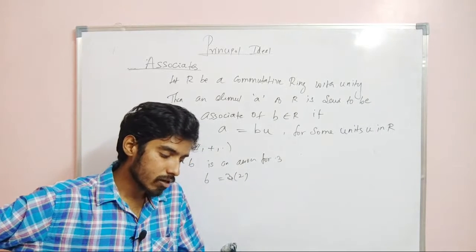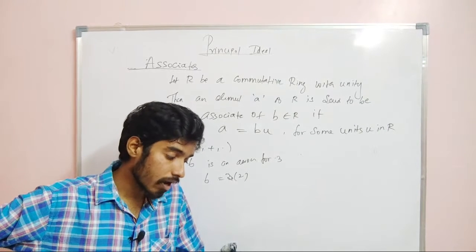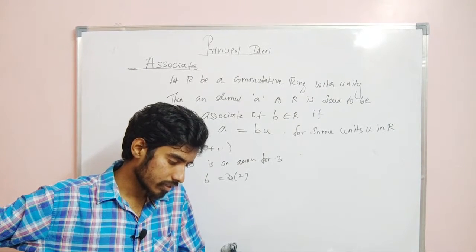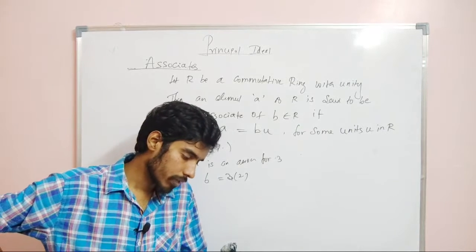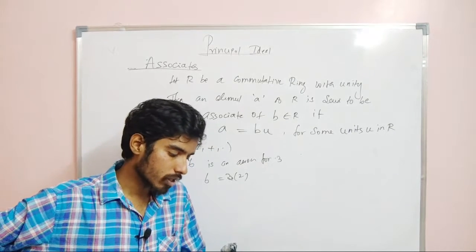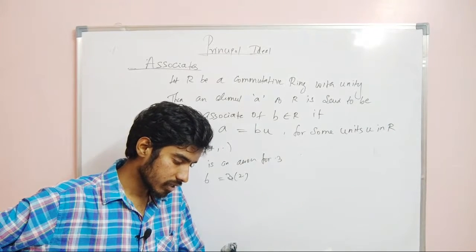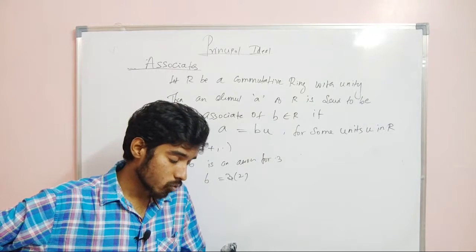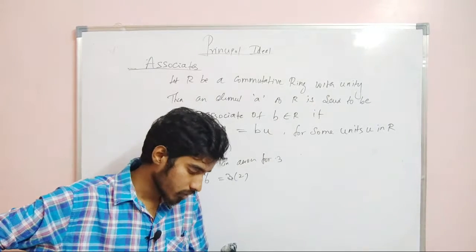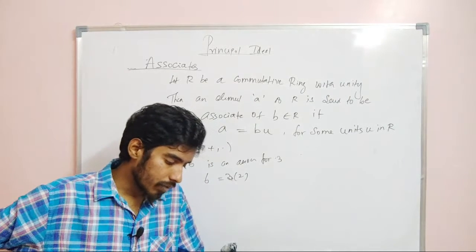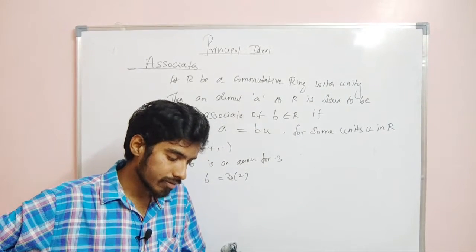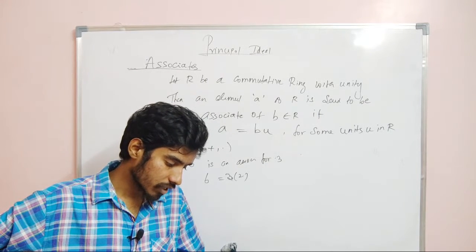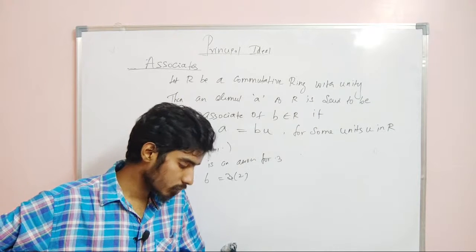Therefore, if a is a non-zero integer, then it has only two associates, namely a and minus a. In any commutative ring with unity, the associate of 0 is only 0. Those are very natural results. The only units of the domain of Gaussian integers are 1, minus 1, i, minus i. Just now we have proved.